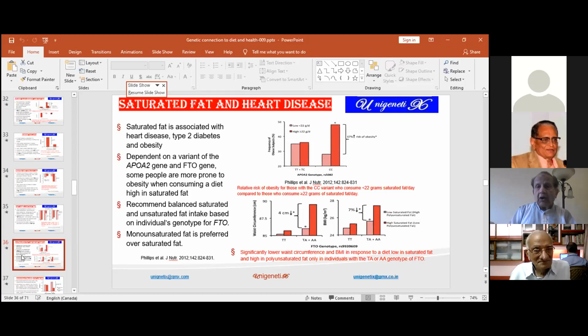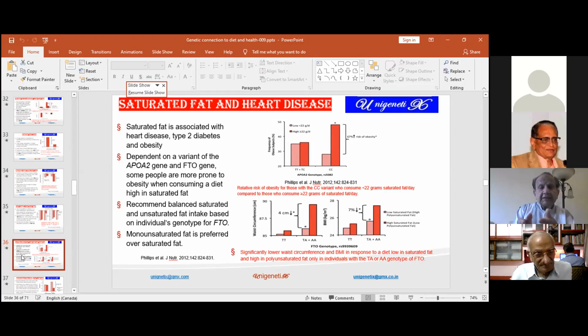Ghee, you know how we use ghee in India. Gujaratis and Punjabis were the target of a big research study. And they cleverly came out in the 1990s with a study which said all these people are taking too much saturated fat and that is why they're getting heart disease.